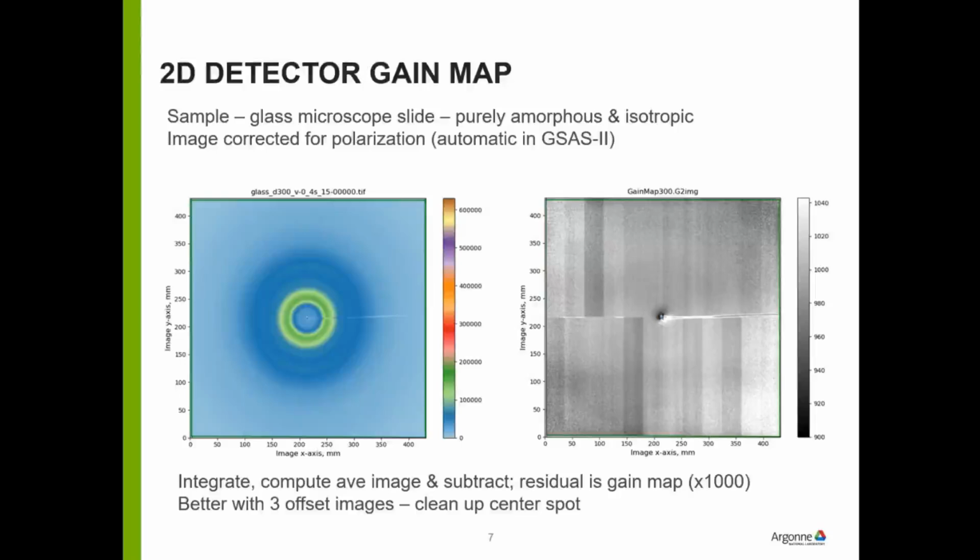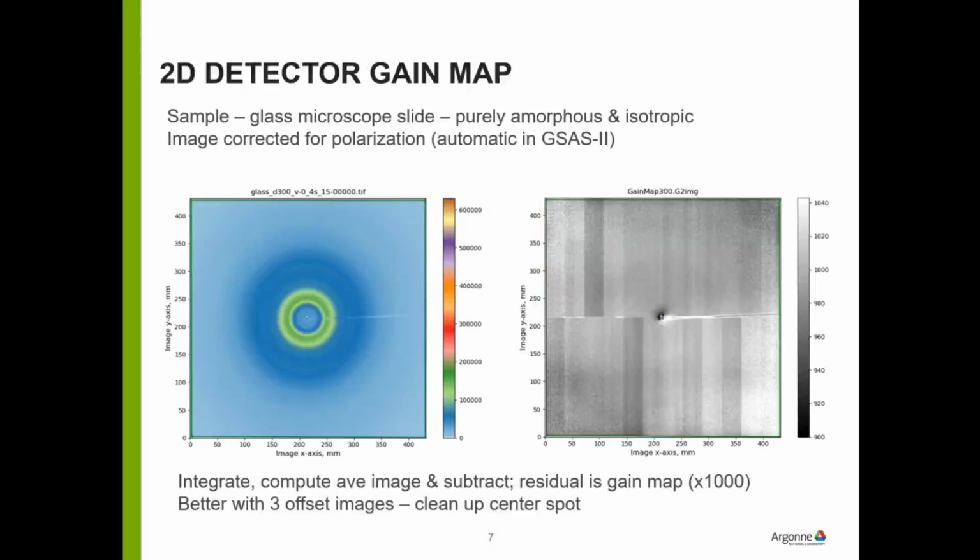So if you have the polarization corrected correctly, then any variation you're going to see is going to be because of the response of this detector behind it. So what you do is you take the image, you integrate it, you take that integrated curve and use that to calculate a new image, which is basically the average of the actual image.